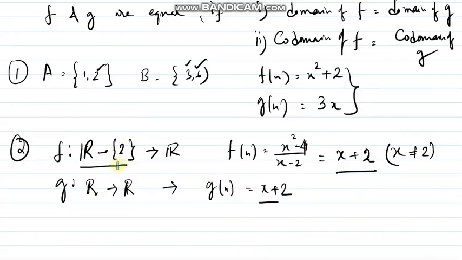The domain of the second function is R, and the domain of the first function is R - {2}. So the domains are not equal, and these functions are not equal.